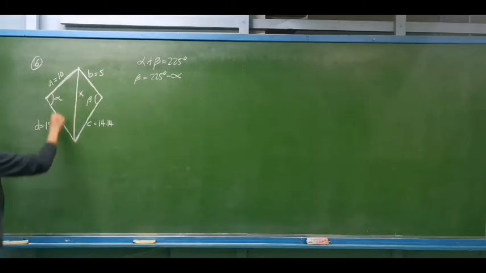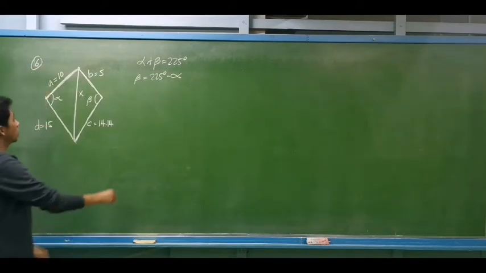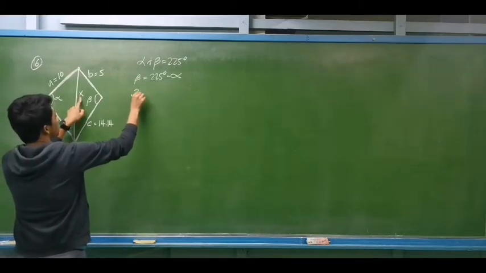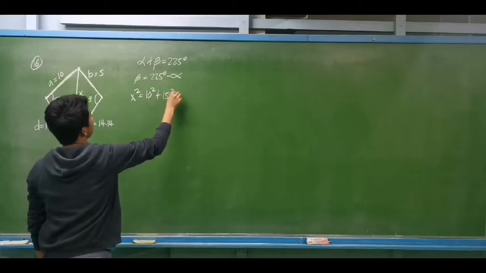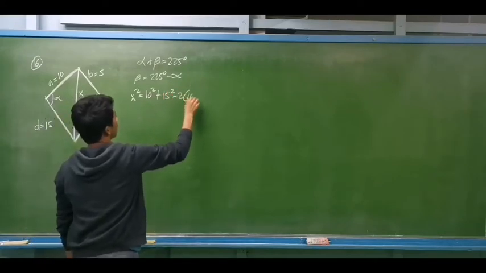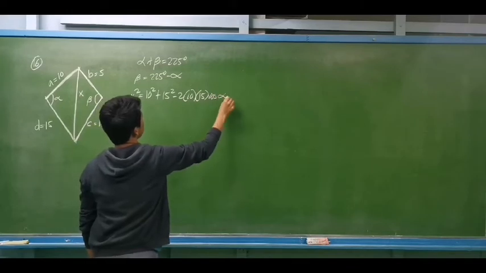Magkukosine law ako dito. Gamitin ko muna yung left side ng triangle natin, sa side A at sa side D. So, by cosine law, x squared is equal to 10 squared plus 15 squared minus 2 times 10 times 15 times cosine of alpha.